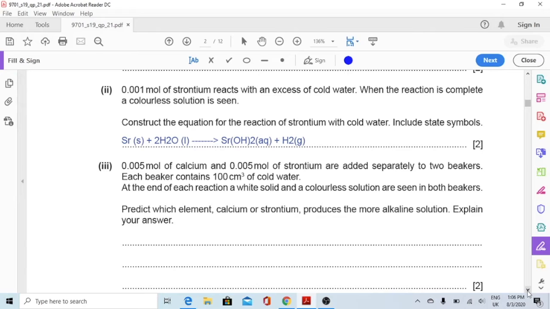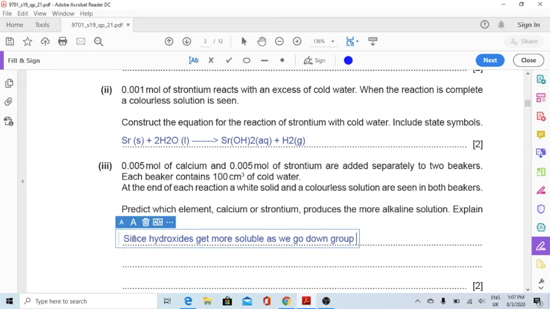or you could say strontium hydroxide dissociates more into the solution. So we'll write over here, since hydroxides get more soluble, the more soluble it is, the more alkaline the solution will be. So they get more soluble as we go down group 2.